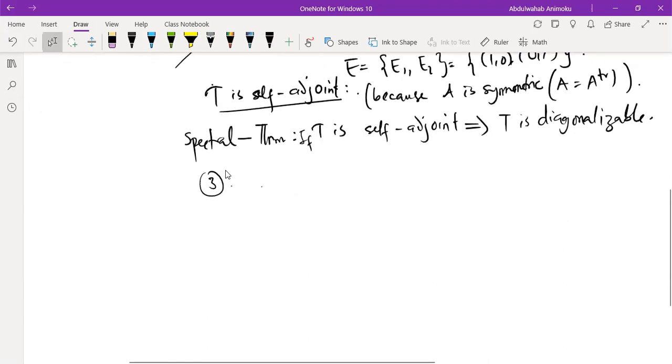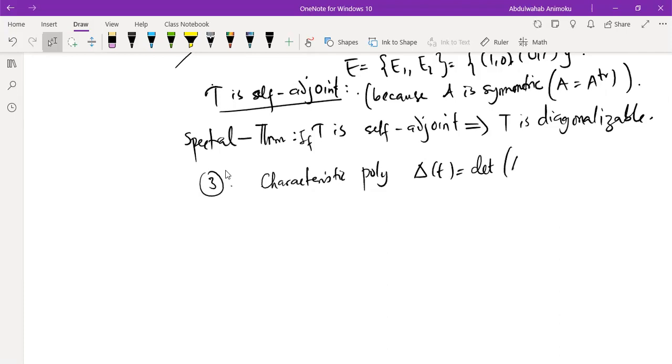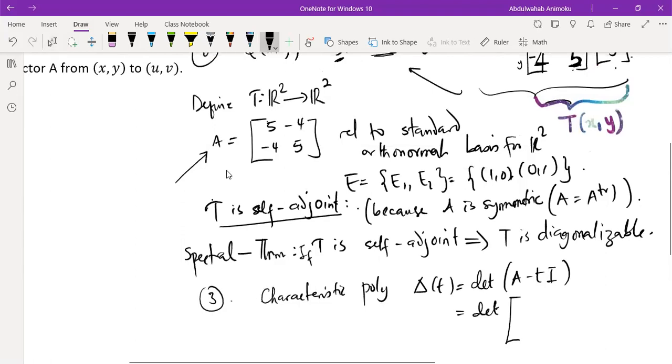In order to diagonalize, the first thing we need is to find the characteristic polynomial, which is defined as the determinant of A minus tI. So basically, for the matrix that we have before, we need to subtract t from the diagonals. This would give us 5 minus t, minus 4, minus 4, 5 minus t.